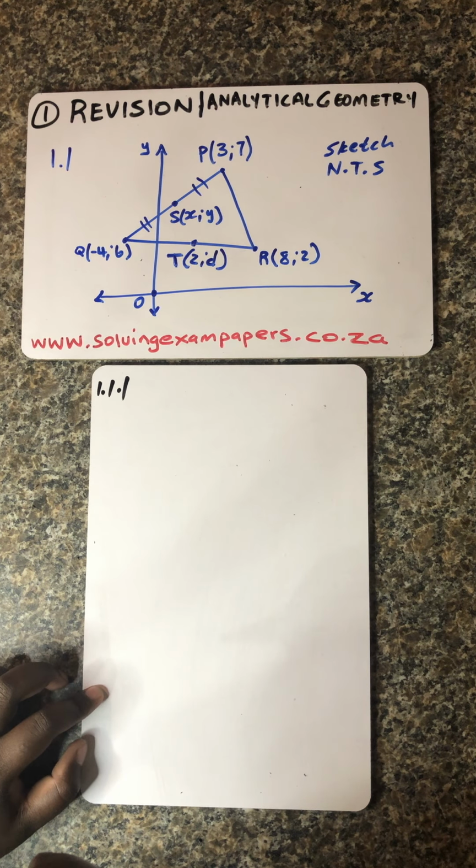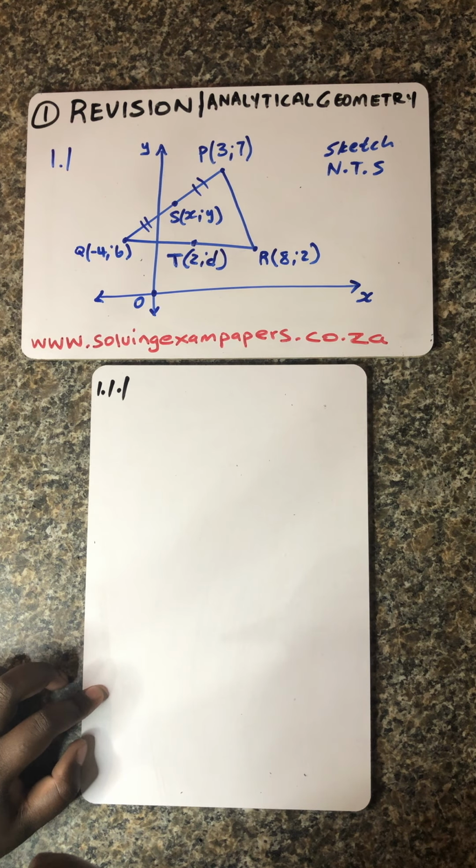Okay, most importantly, they're saying the distance of QR. Okay, then you need to write the coordinates of Q and R. So you can just say Q is (-4; 6), ladies and gentlemen. So R is (8; 2). Okay, very, very much important, ladies and gentlemen. You can now say the distance of Q and R is equal to, so that means the distance that we get is from that point all the way up to that point over there.